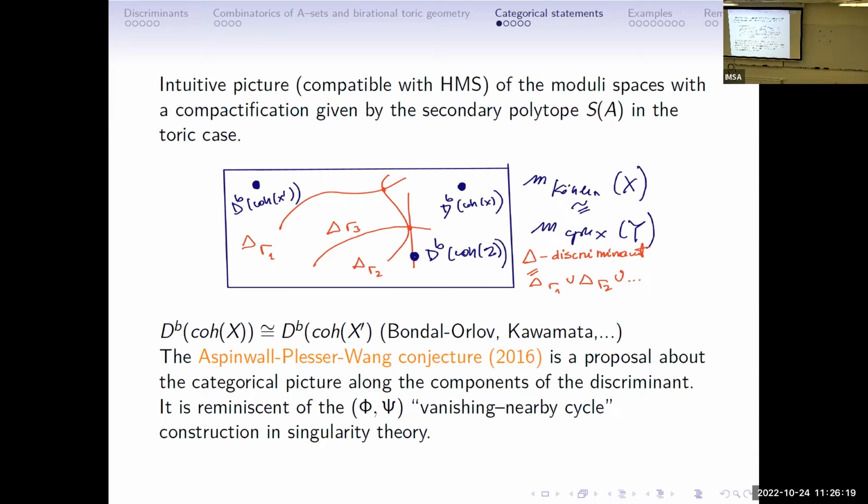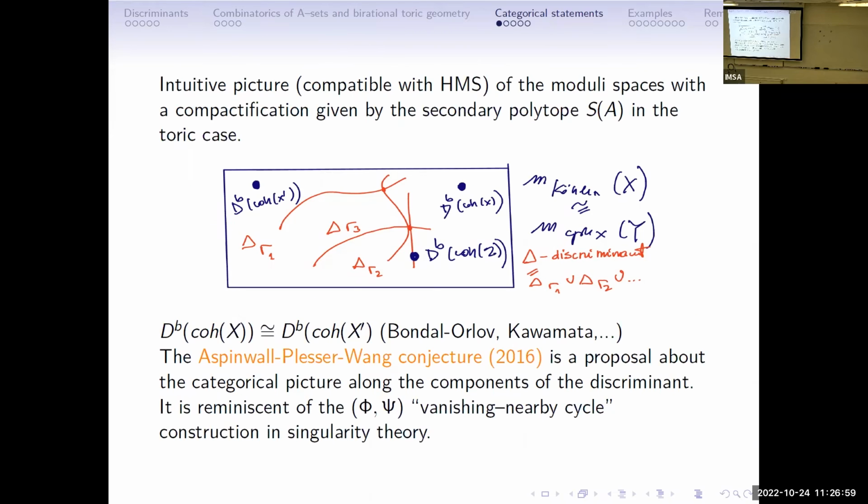It fits well with the story about vanishing and nearby cycles that exists in singularity theory, and it also bodes well nowadays with the story introduced by Kapranov and Schechtman about Schobers. So in a way, what we're trying to build here is a Schober on this moduli space that captures the toric birational geometry of this.